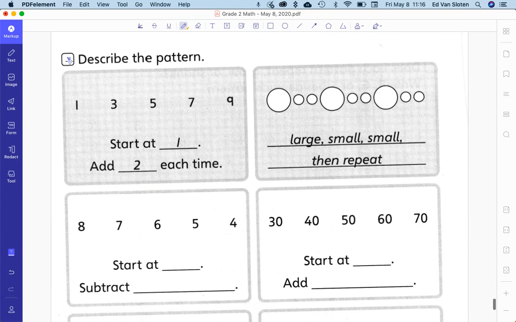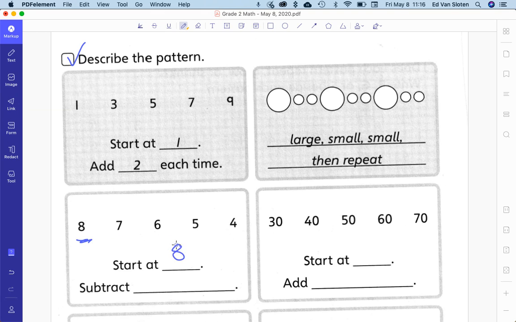Describe the pattern. Large, small, small, then repeat. This is a number pattern. Start at 1, add 2 each time. This is shapes. Large, small, small, then repeat. So let's just go here.